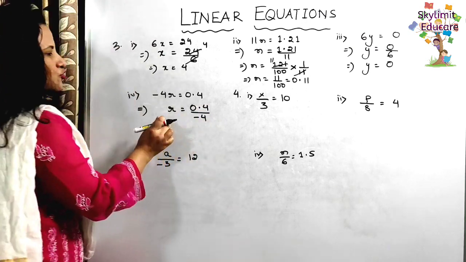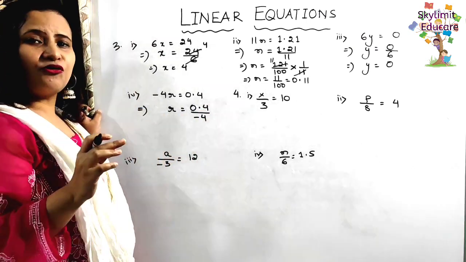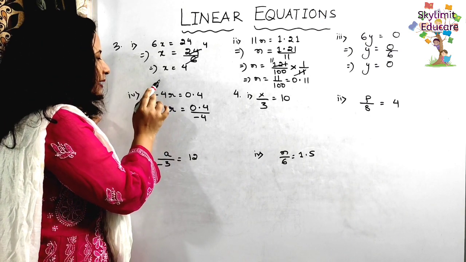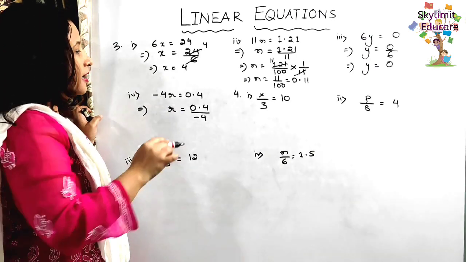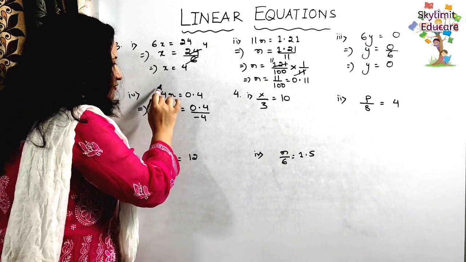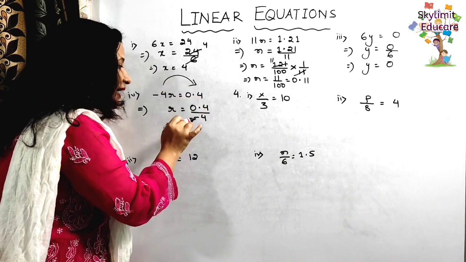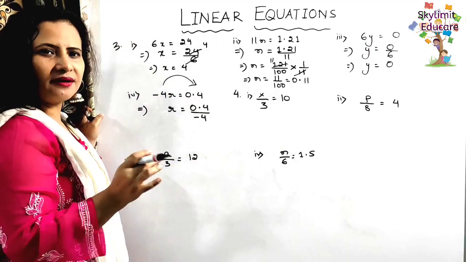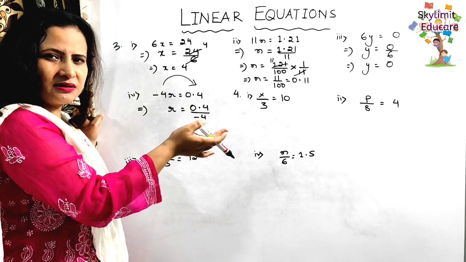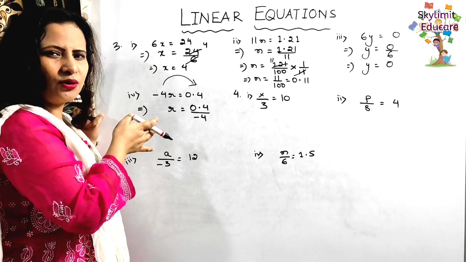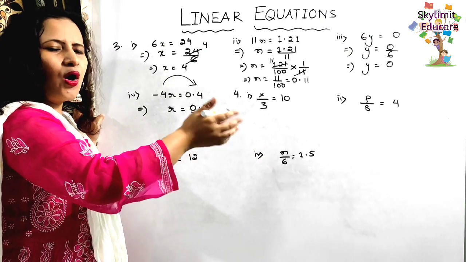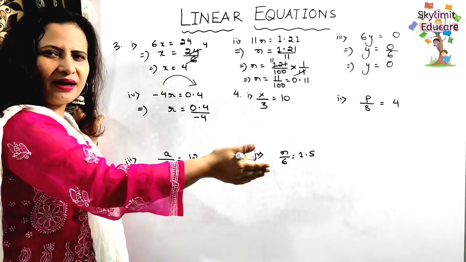Now in this case, you should not change minus 4 to plus 4. Because here minus 4 is what? Multiplied to r on the left hand side. But when minus 4 will be shifted to the right hand side, it will be divided. The sign of minus 4 won't change because here the relationship is changing. Multiplication becomes division. Minus 4 will remain minus 4. Only when a number is subtracted, it becomes added on the right hand side, or when it is added, it becomes subtracted on the right hand side.